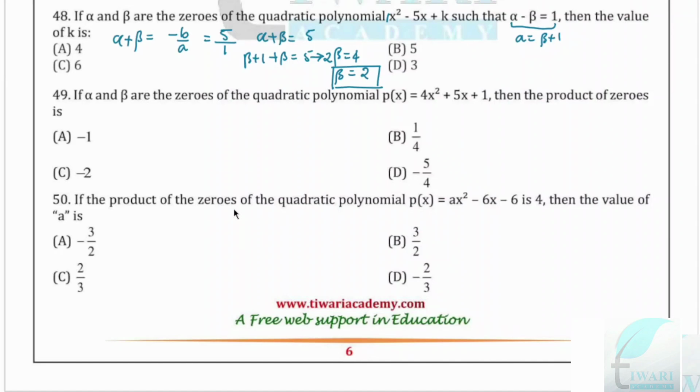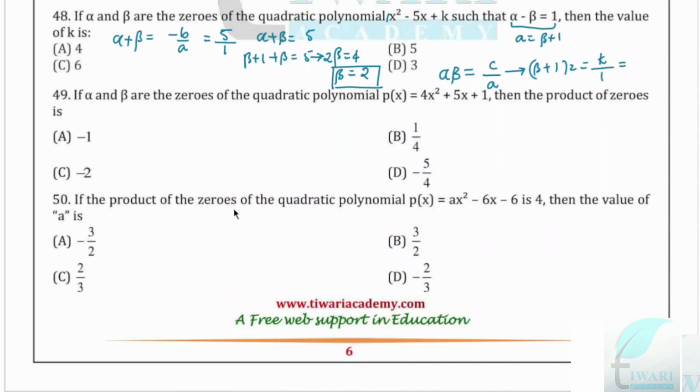Now we know that alpha into beta is equal to c by a. Now your beta is 2 and alpha is beta plus 1. So beta plus 1 into beta equals c by a. What is c? That is k, and a is 1.